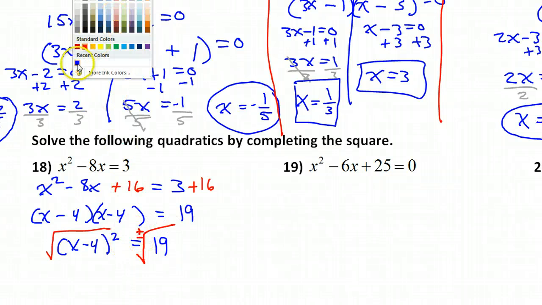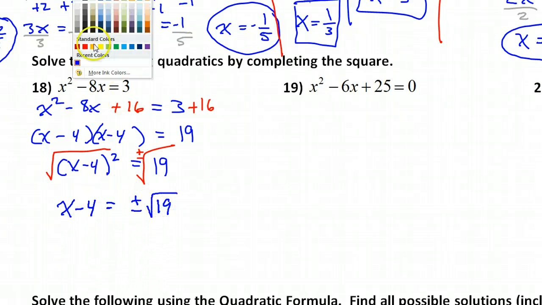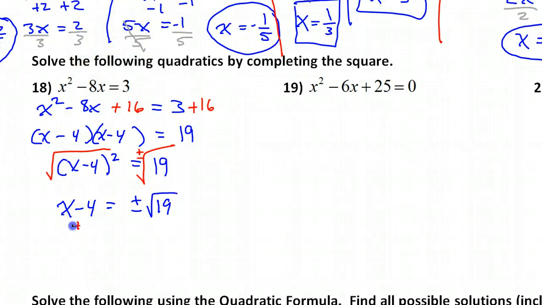So that will give me x minus 4 equals plus or minus the square root of 19. But then we need to add 4 to both sides. But this 4 goes in the front. So I will have x equals 4 plus or minus radical 19.